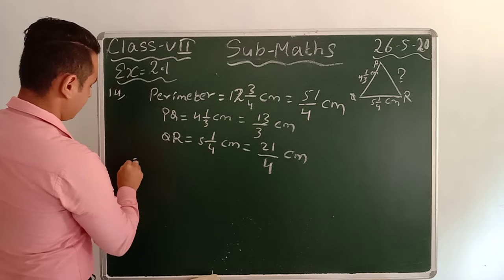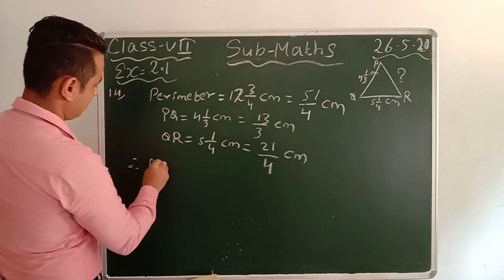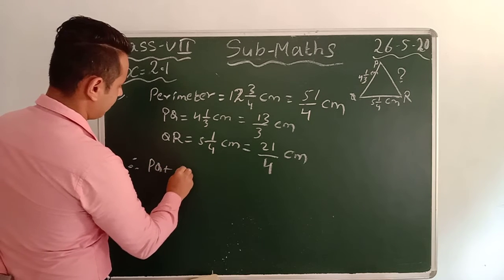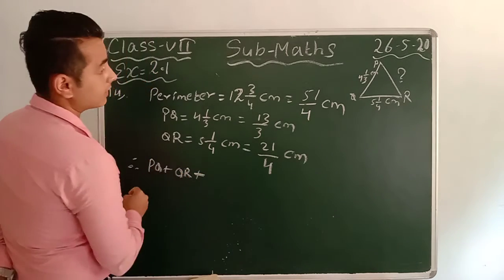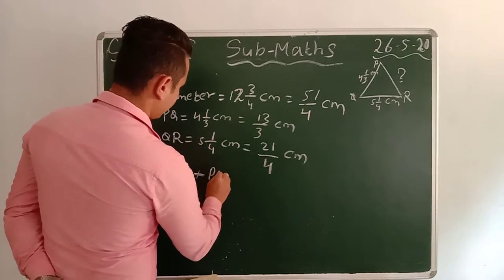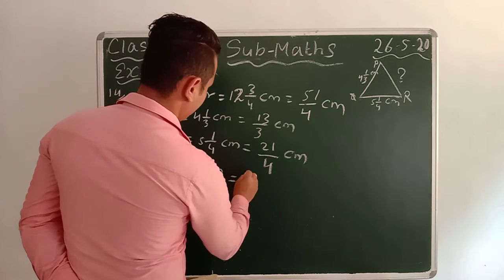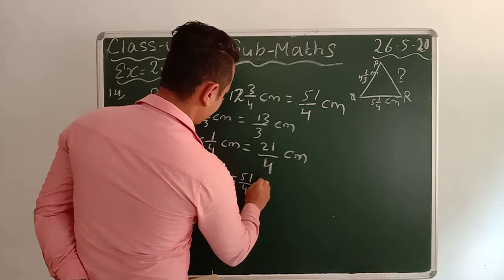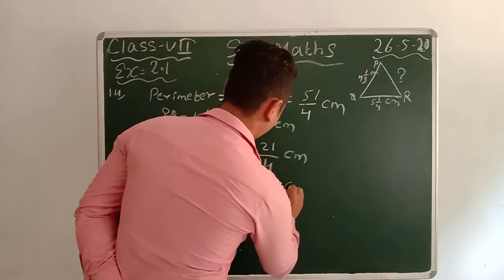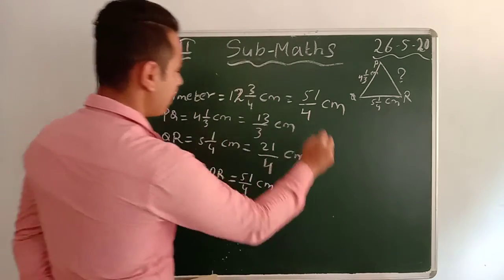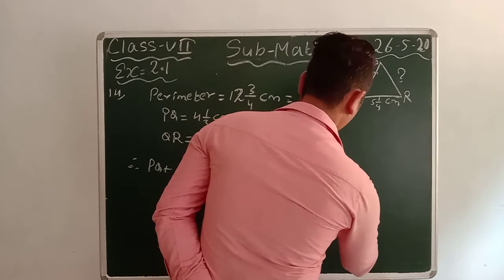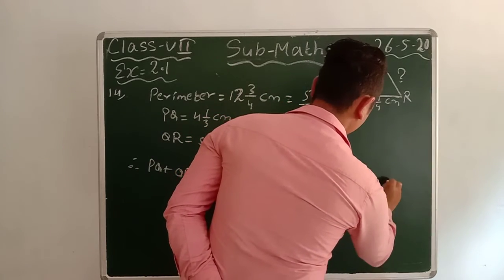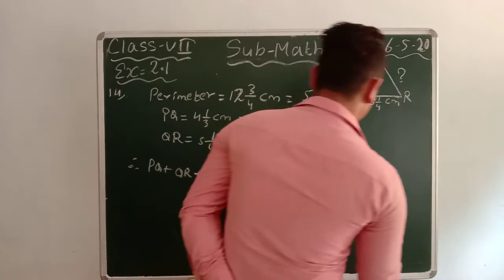Therefore we can write like this: PQ plus QR plus RP, otherwise PR, is equal to 51 by 4 centimeter, or PR is equal to 51 by 4 minus PQ plus QR.